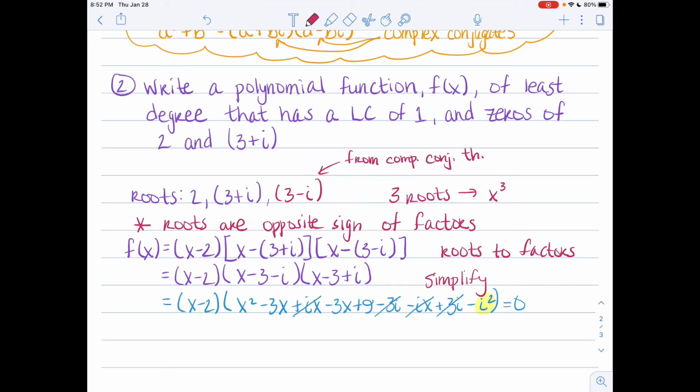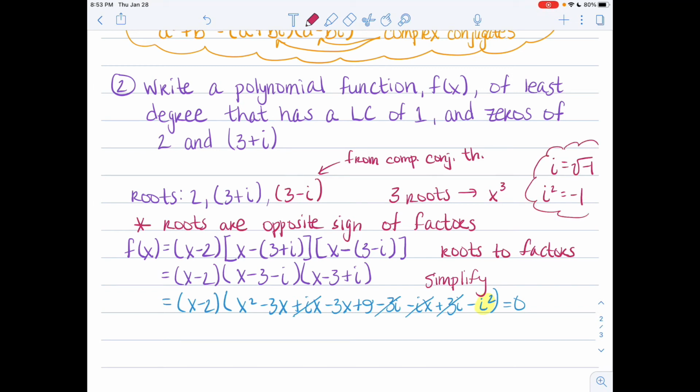Let's make ourselves a note over here. i equals square root of negative 1. So that means that i squared is equal to negative 1, because if I square something that is a square root, the square and the square root cancel each other out. So you may want to just bubble that off to the side to remind you of that little rule.